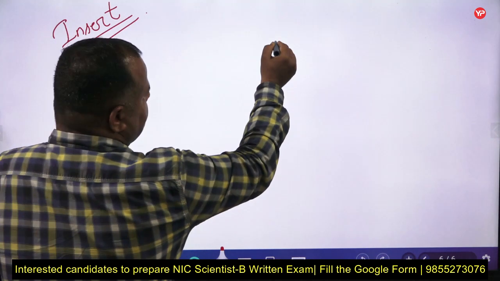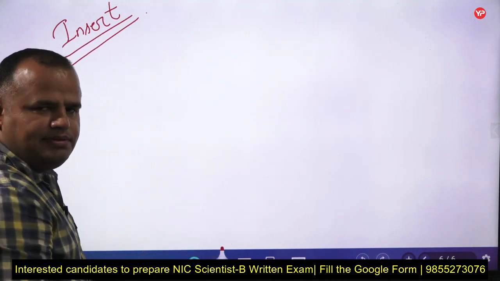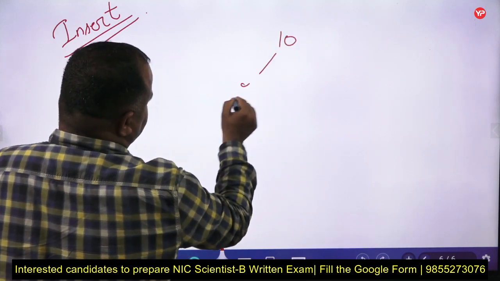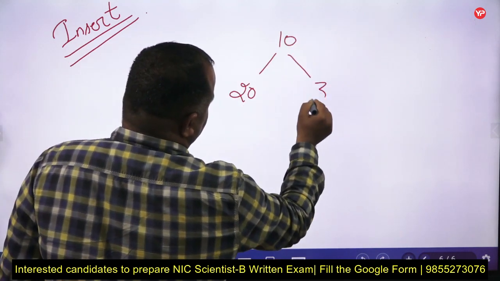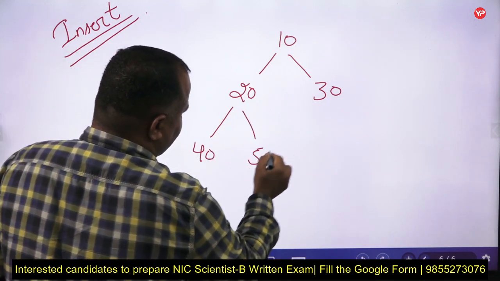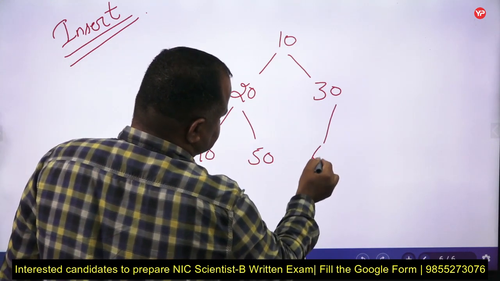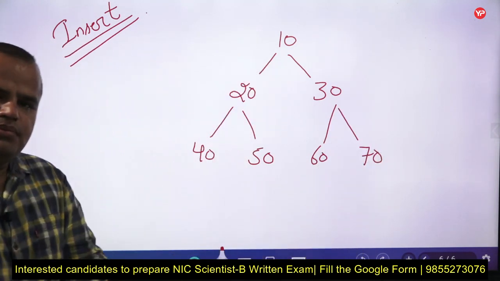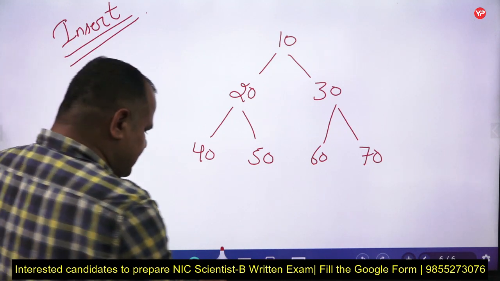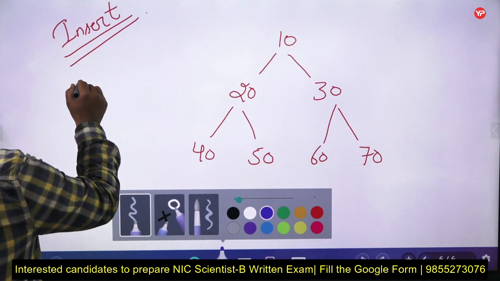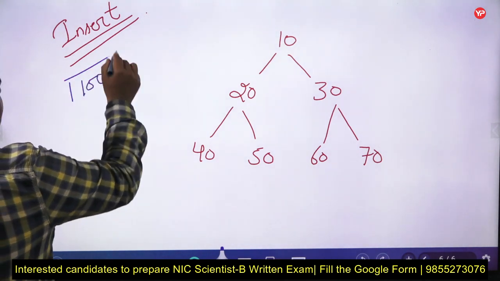Suppose I have a heap, a min heap or maybe a max heap. I am taking the example of min heap: 10, 20, 30, 40, 50, 60 and 70. As the input is a min heap, I want to insert one element, suppose 100.